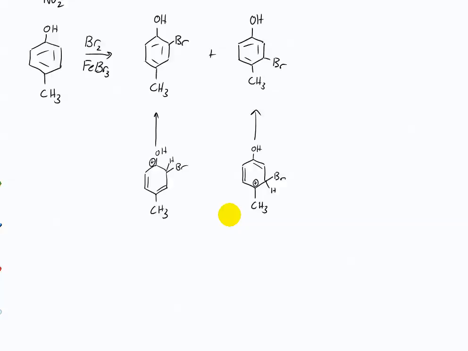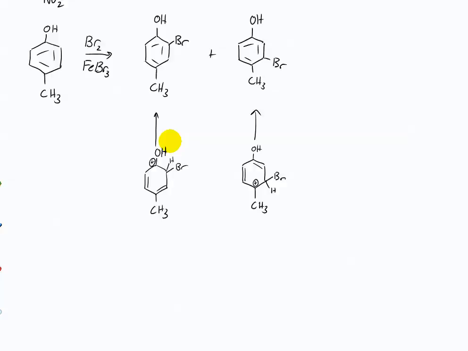That's true. It stabilizes the positive charge, but in fact, the oxygen stabilizes the positive charge even more. So remember, we said this a long time ago, that resonance effects are almost always more important than inductive effects.